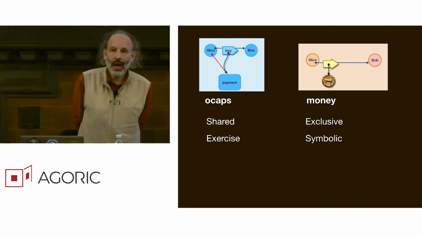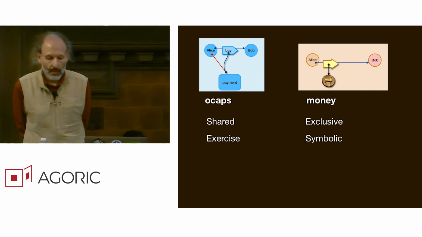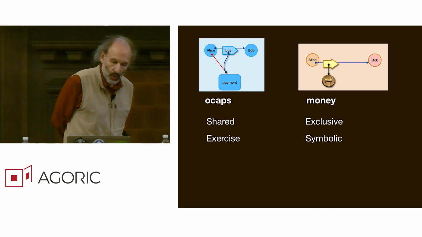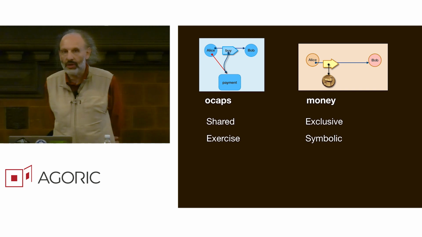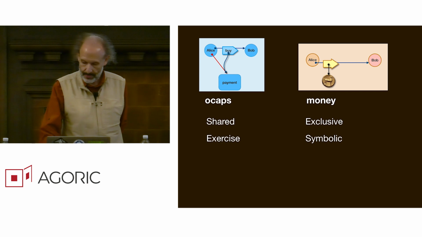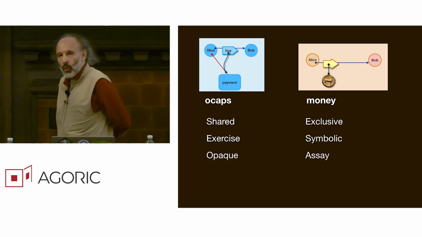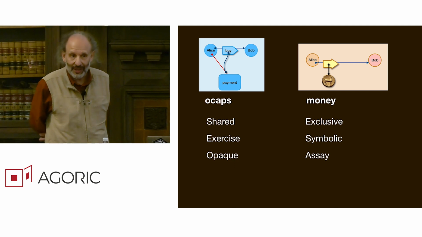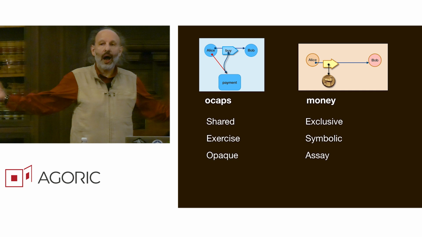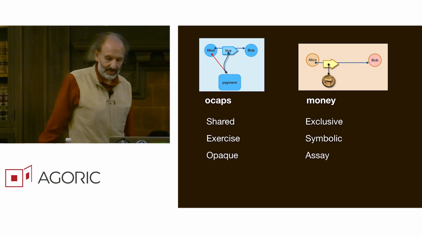The point of an object is mostly to invoke it, to cause behavior, to do something with it. Whereas money is purely symbolic. You can't do anything with it other than trade it further. Objects are opaque. What is it that Bob received when he received this object? He has no idea. It's just some object that he got from someone who could send him a message.